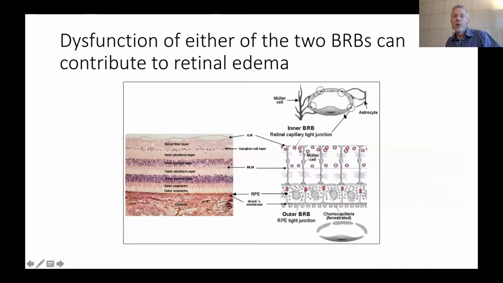One is at the level of the vessels. You can see that the endothelial cells form the barrier that keeps the substance of the circulation within the vessel and away from the tissue. And then there's another barrier in the eye, and that's the outer blood retinal barrier. That's where the RPE cells juxtapose each other, and that also forms a barrier within the eye.